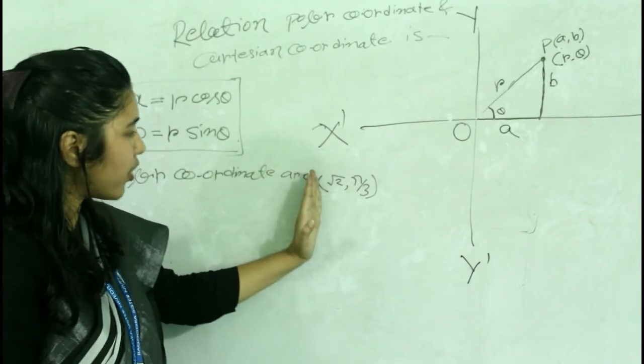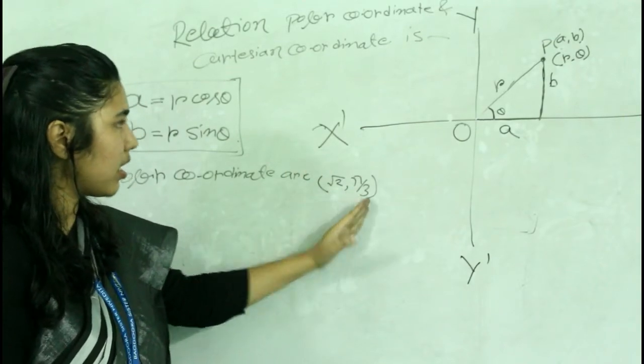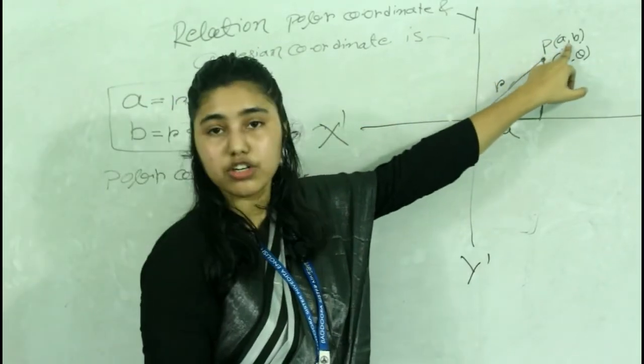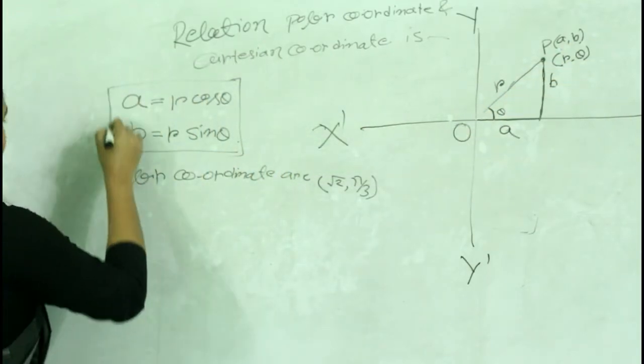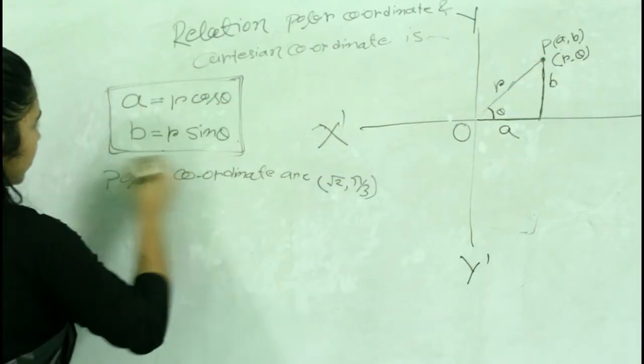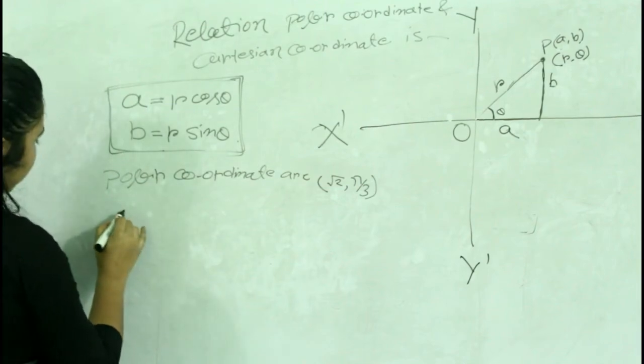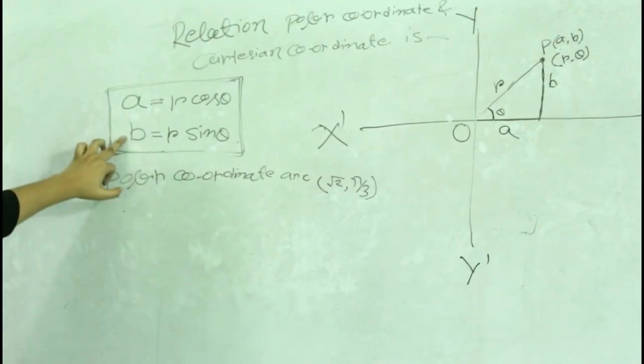Now we have to convert this (r, theta) to the Cartesian coordinate, which is (a, b), from these equations. So we have to find the value of a and b.